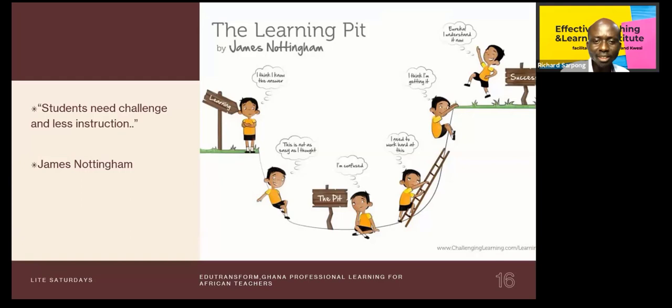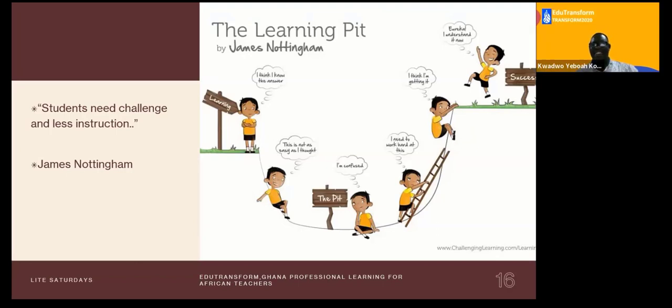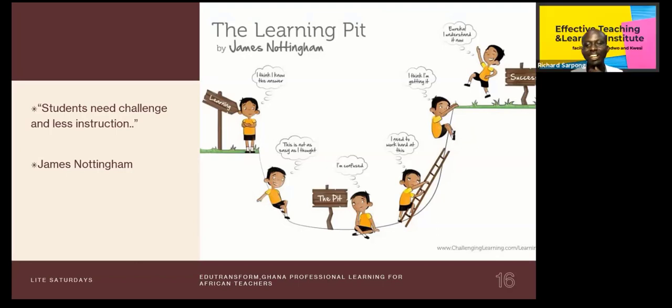The student says, I think I know this answer. I know the answer for this question. When he looks at the question again, he begins to realize that this is not as easy as I thought. I am confused. I need to work hard at this. So students go through this thought process, which is called a learning pit.